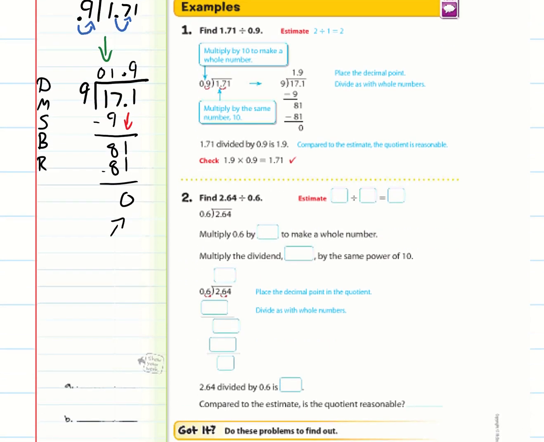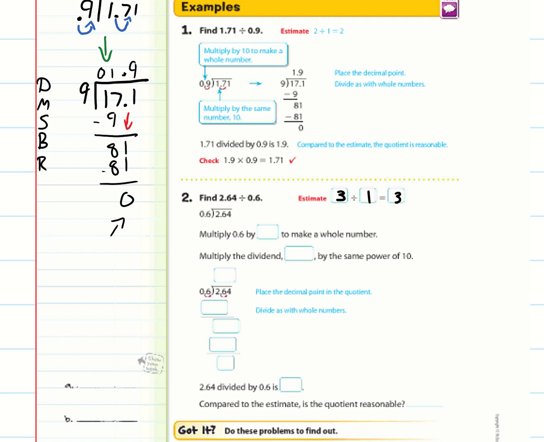Okay, so example 2. First it's going to ask us to estimate. So if we have 2 and 64/100 and we have 6/10, 2 and 64/100 is close to 3. And 6/10 is close to 1, so 3 divided by 1 is going to be 3. So we're going to try example 2.